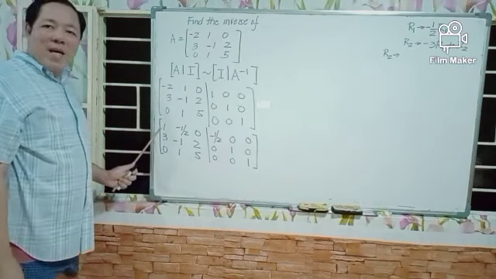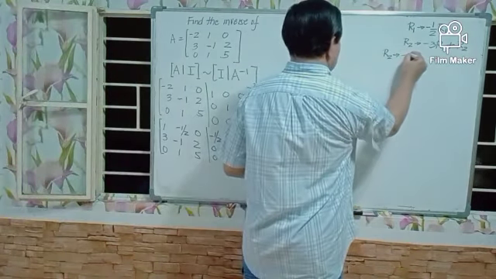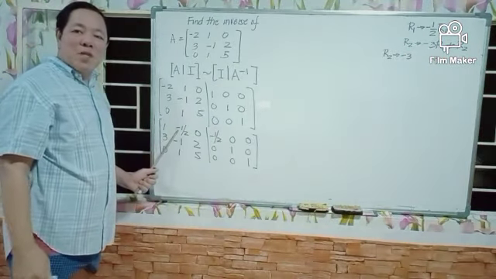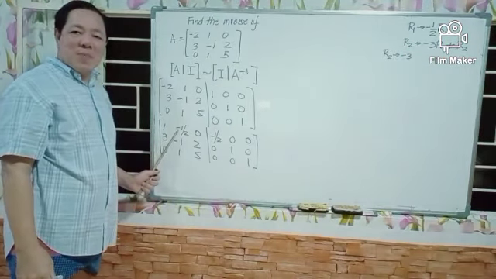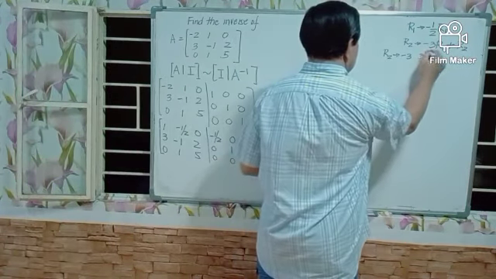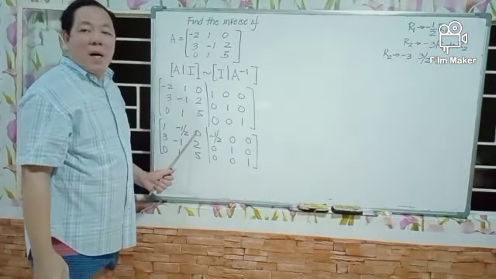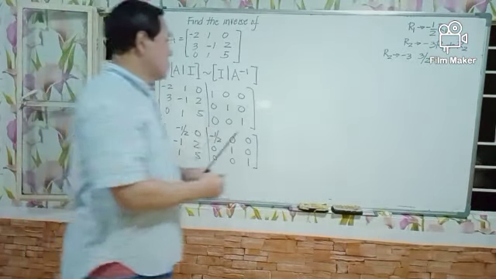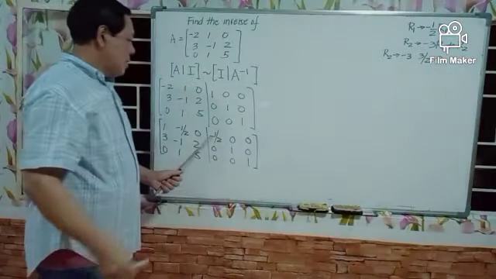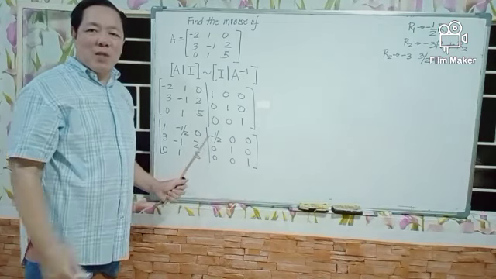1 multiplied by negative 3 is negative 3. Negative 1/2 multiplied by negative 3 is positive 3 over 2. Zero multiplied by negative 3 is 0. Negative 1/2 multiplied by negative 3 is positive 3 over 2.